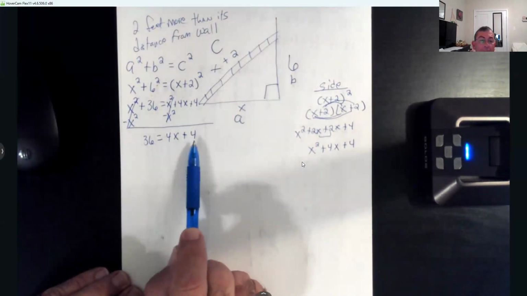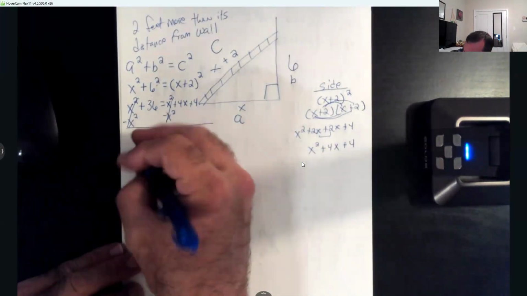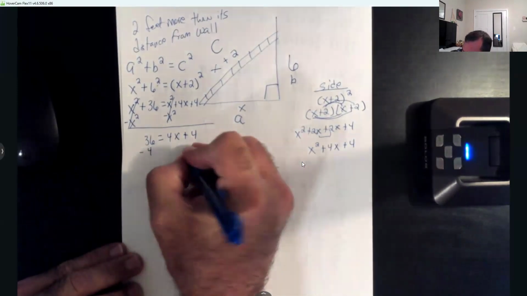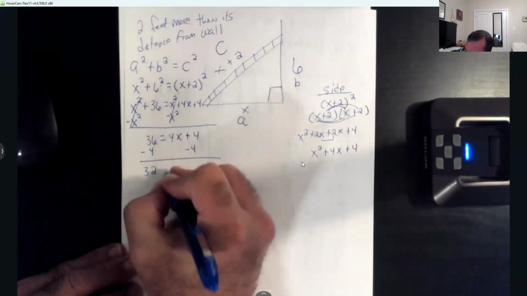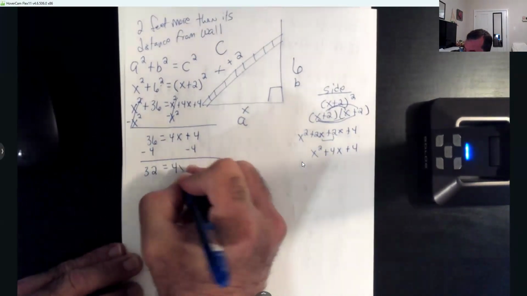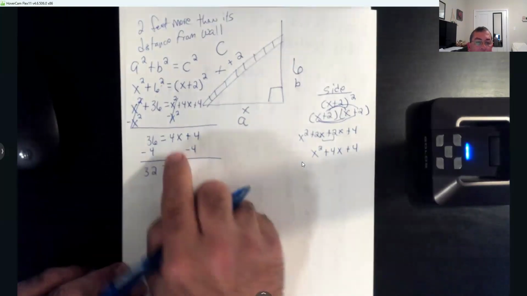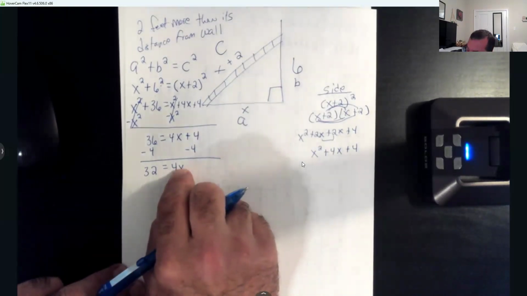So to solve it for the x, I'm going to subtract 4 from both sides. So that gives me 32 equal to 4x. And y'all, my last step, divide both sides by 4.